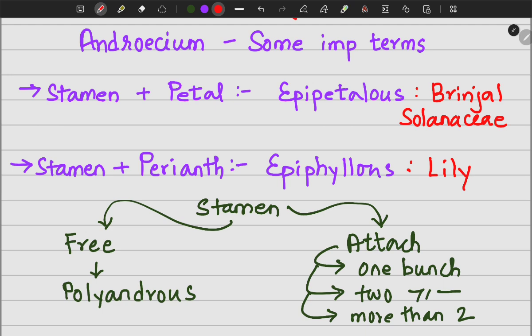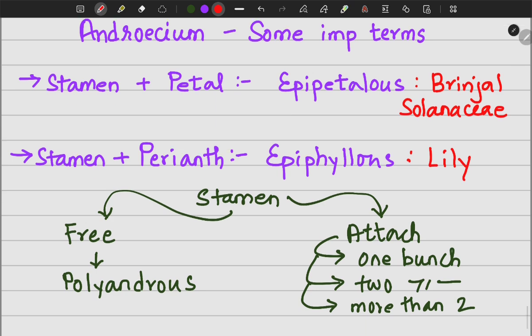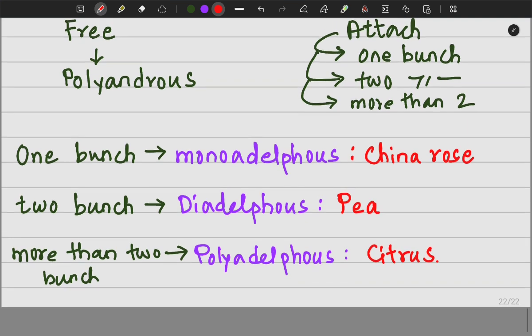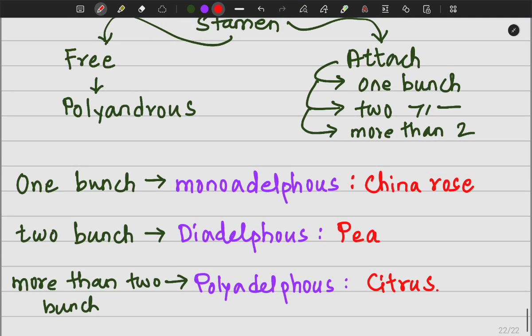I have given you the examples for each of these. When the stamens are joined together, then there can be different conditions. If the stamen is free within a flower, it is called polyandrous. When they are attached among themselves within a flower into one bunch, it is called monoadelphous. In two bunch, it is called diadelphous.